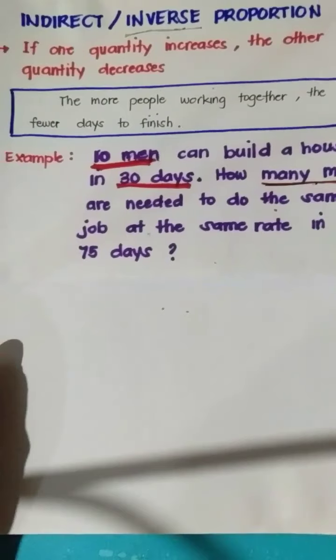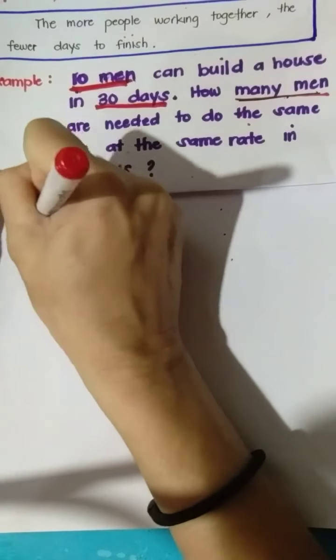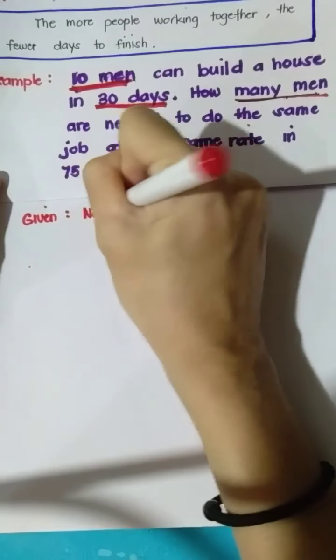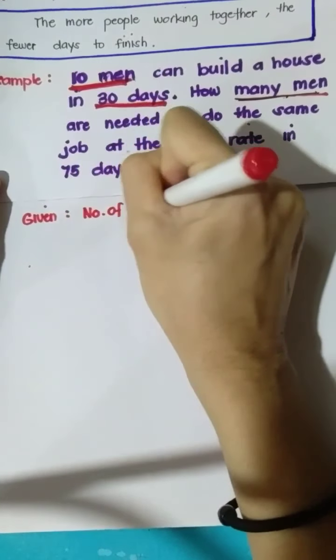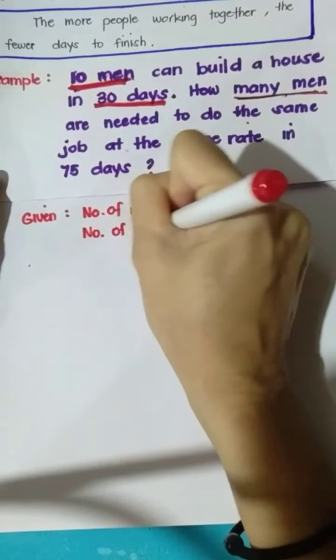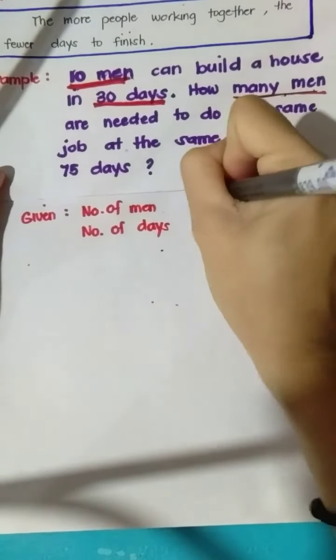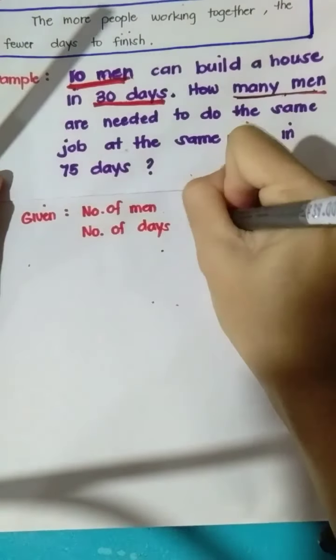So in solving a problem, we have to identify what is given first, right? Our given here are the number of men and the number of days. So we have 10 men and 30 days.